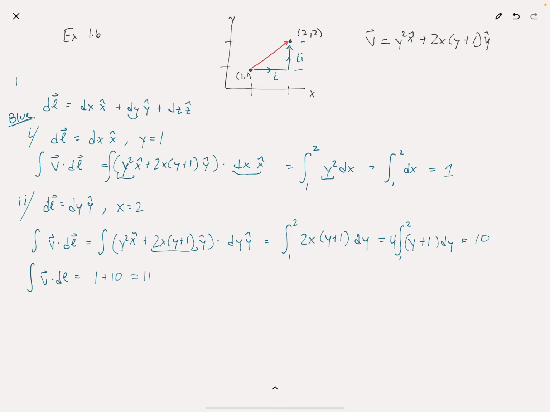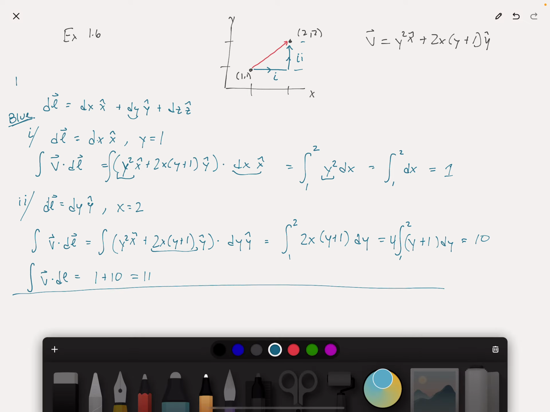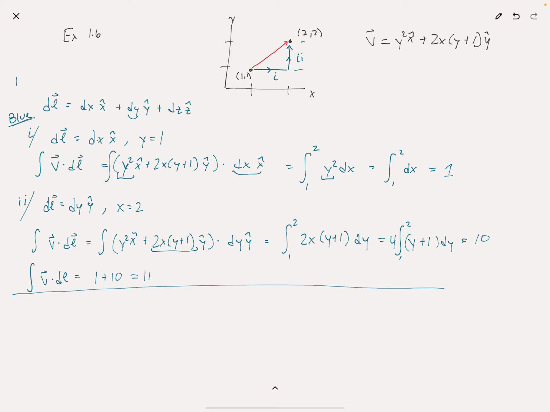Okay, so the story is a little bit different on the red path. On the red path, my infinitesimal displacement vector is no longer just dx or dy, but it is both dx in the x hat plus dy in the y hat. I'm following a path that goes from point (1, 1) to point (2, 2).